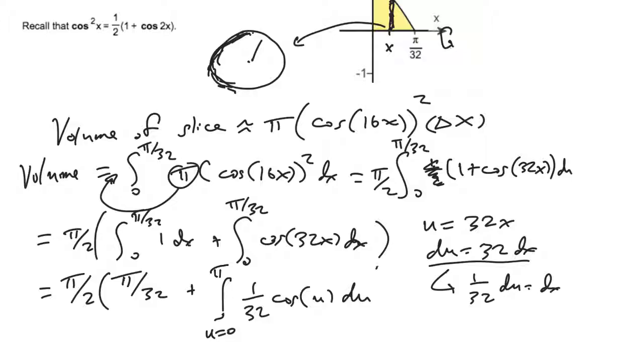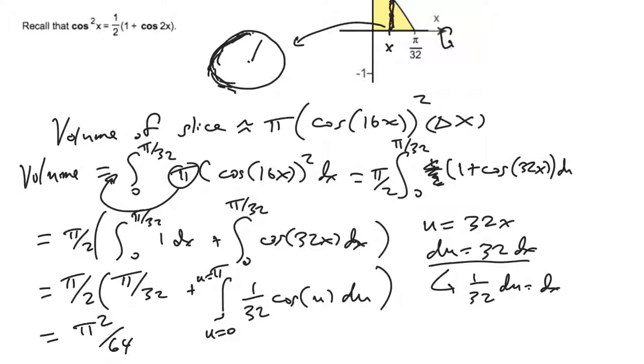And this is where I was saying you can tell this is going to be 0. I'm integrating the cosine function from 0 to pi, and if you look at a picture of the cosine function from 0 to pi, you can tell this is going to be 0. But let's just persist. The pi over 2 times pi over 32 is pi squared over 64.